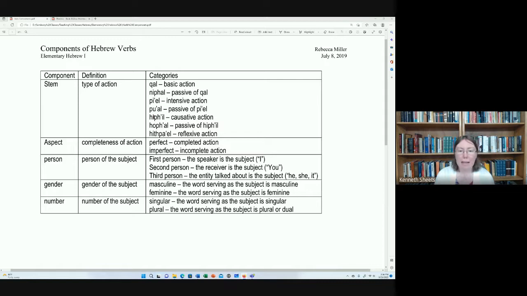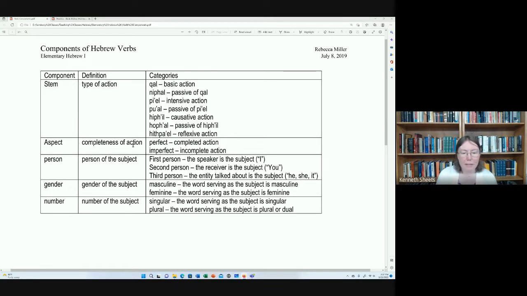Pual, the passive of the Piel, which would be the plate was shattered by me. Hifil, causative action, I caused the plate to break. Hofal, passive of Hifil, the plate was caused to be broken by me. And Hitpael, reflexive action, which is in fact the plate broke itself.